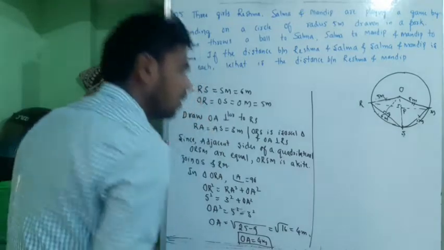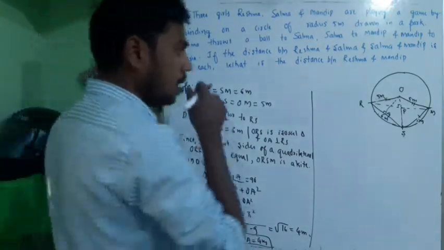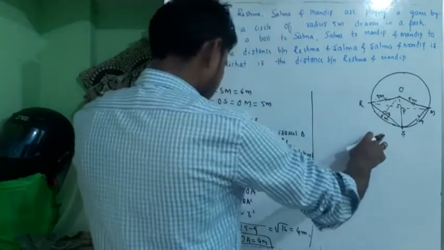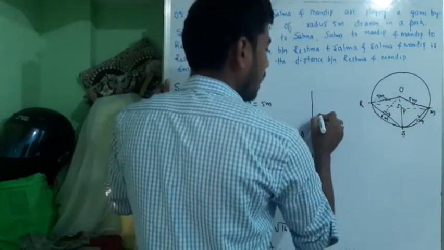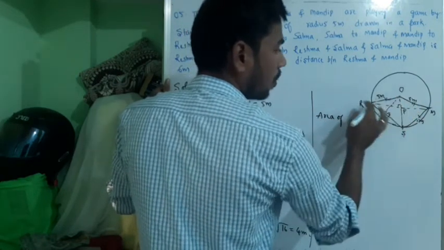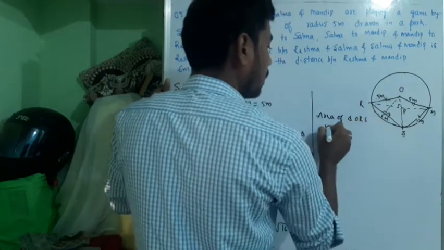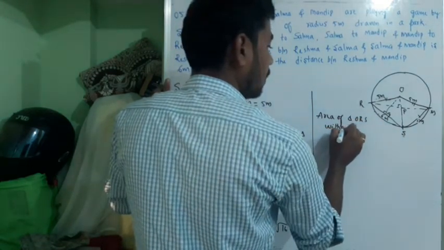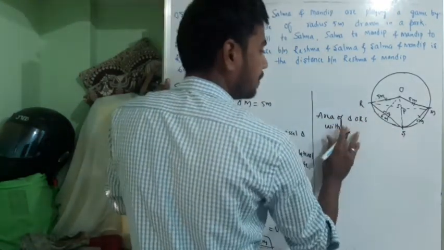Fine. So next, here in this case, now what we can write? Area of triangle ORS with base RS.